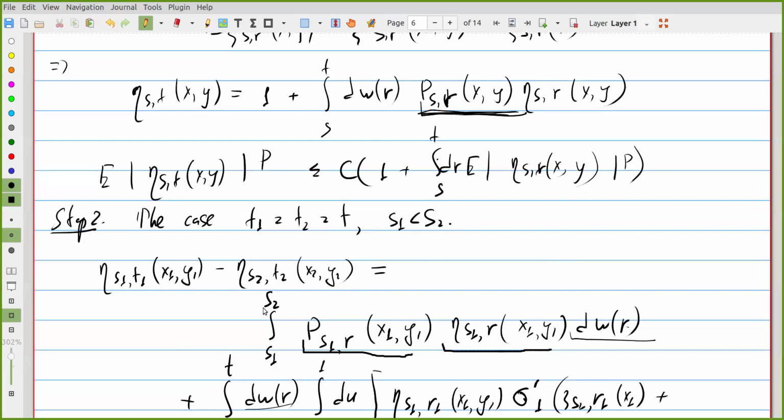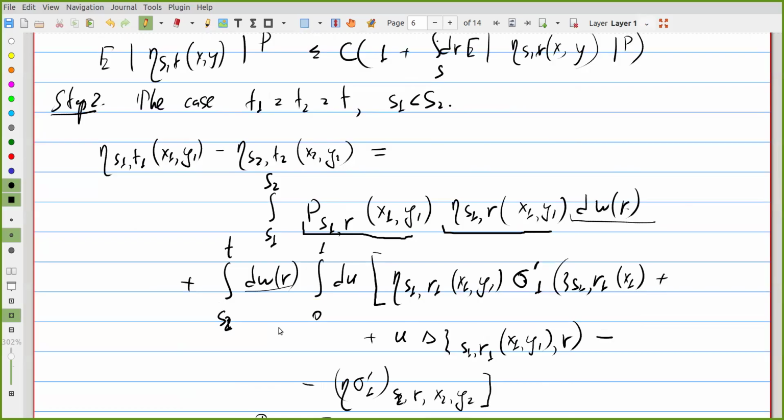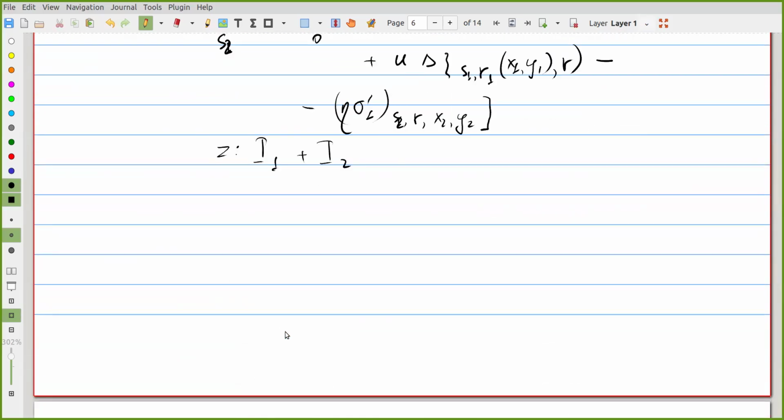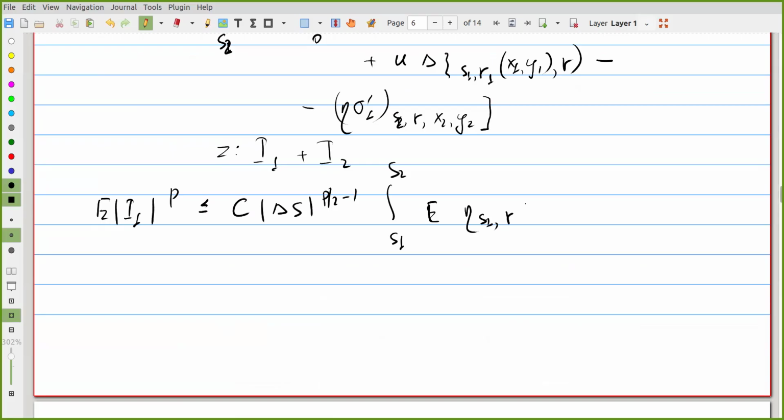So when we do the LP estimate of this, it should be estimated in terms of S2 minus S1 to the power P. So we can immediately conclude this should be something like the expectation of eta of S1 R X1 Y2 to the power p dr. This is just bounded by the previous step.